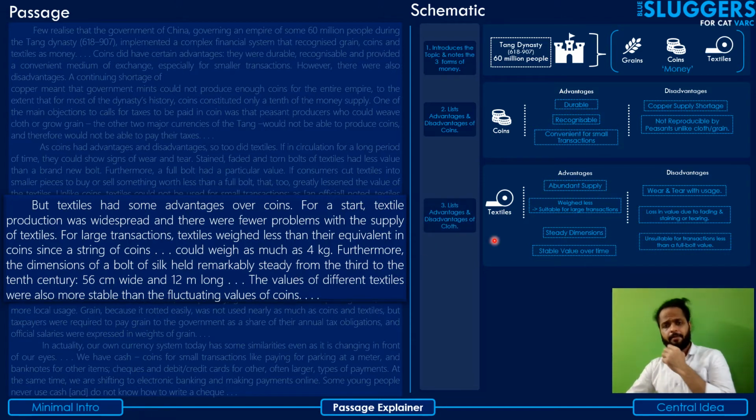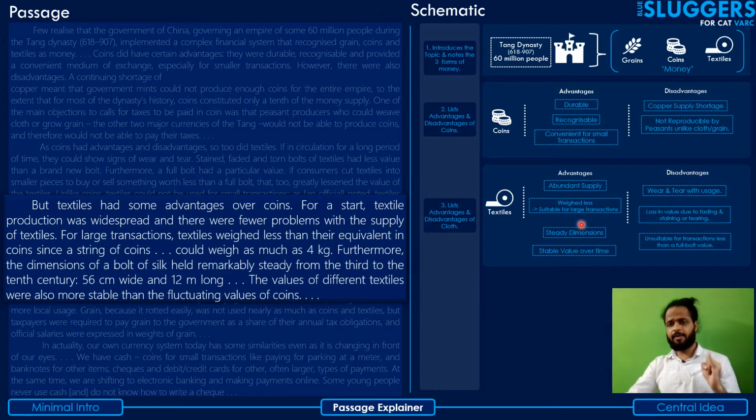So guys, in this paragraph, the author has moved on to discuss the advantages of textiles. In the last paragraph, he talked about the disadvantages. Now he talks about the advantages. The first advantage being that unlike the case of coins, where there was a shortage of raw materials to manufacture coins, in this case the production of textile is quite widespread, and there is no problem in terms of supply.